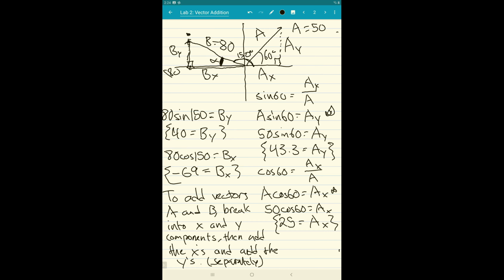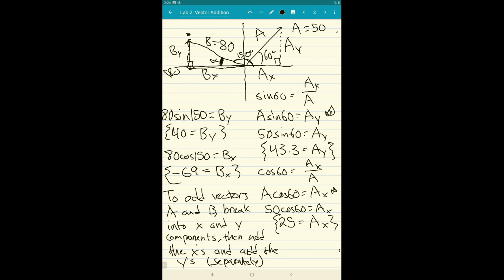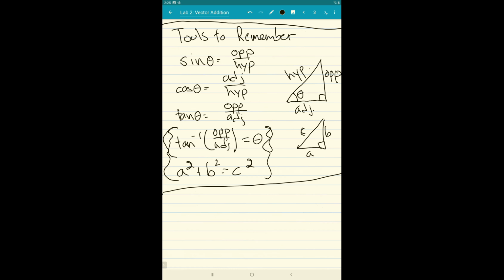Now I kind of occupied the next page here. I wish I could tell it to go somewhere else, but okay. So continuing from here. The result of adding the vectors we will call the resultant vector.